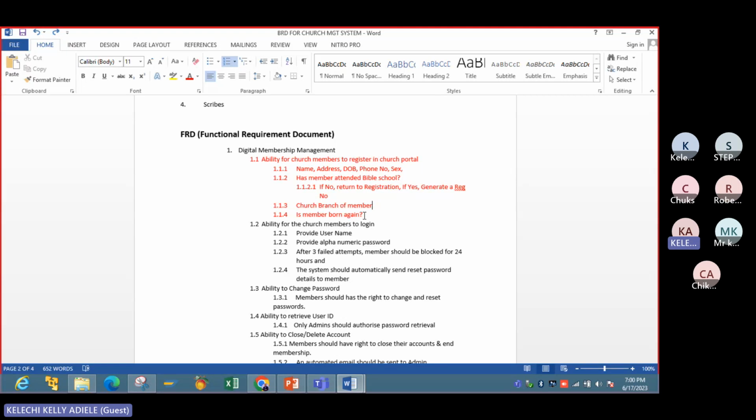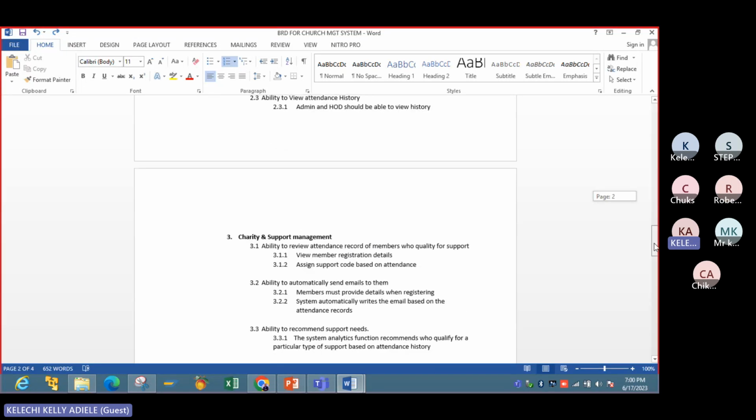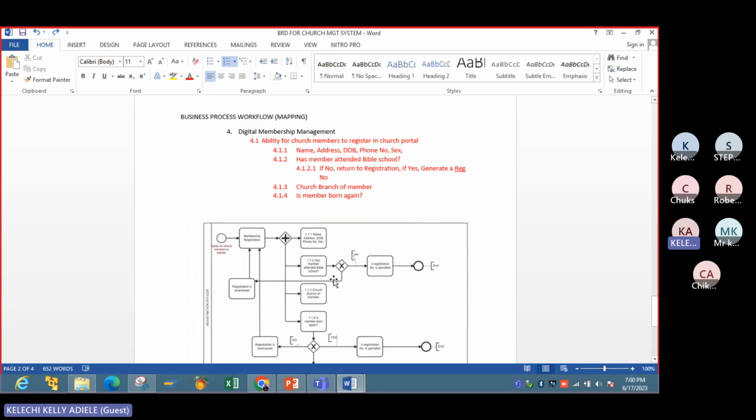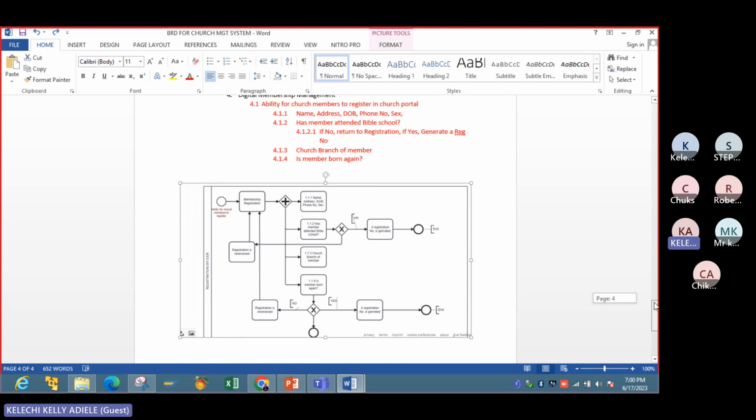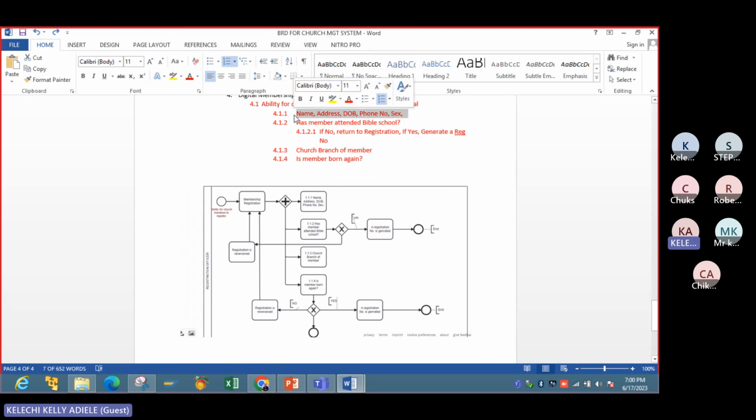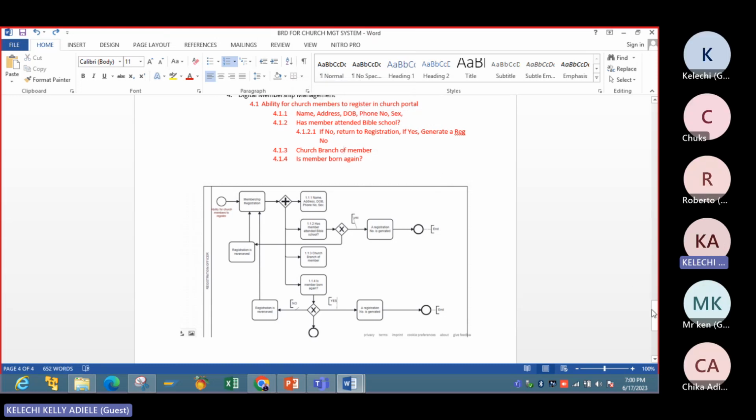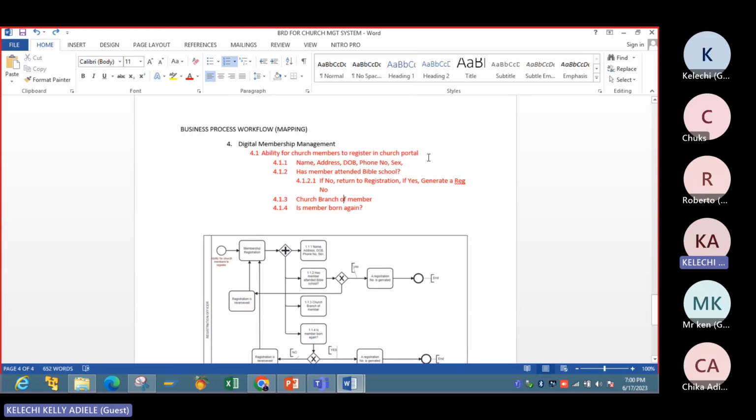For the sake of the technical team, they need to be able to track what you are doing. So it's good you do it per stage. In fact, some people even do it per FRD itself if it's very lengthy. But what we're doing now is per the sub of the BRD, which is a sub of this main activity.